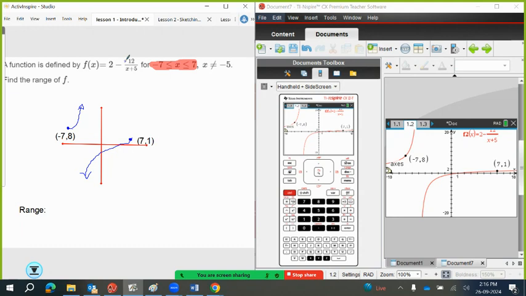So everything from here up to there, and everything from there up to there. Are you able to find the asymptote on the calculator? No.